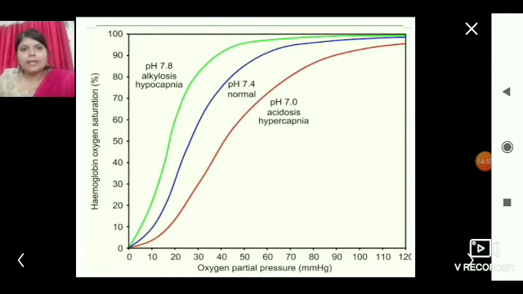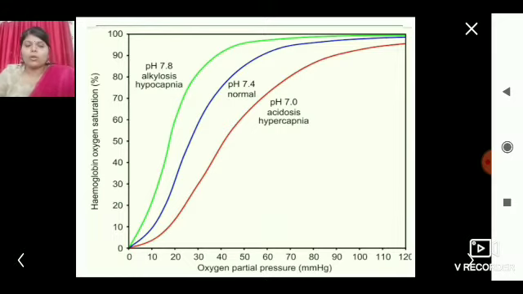Ultimately we can say that in acidic conditions, the hemoglobin releases the oxygen very readily. That is the conclusion we can come to by seeing this graph, meaning it has a tendency to release the oxygen molecules.